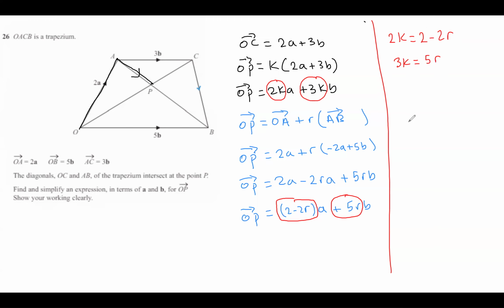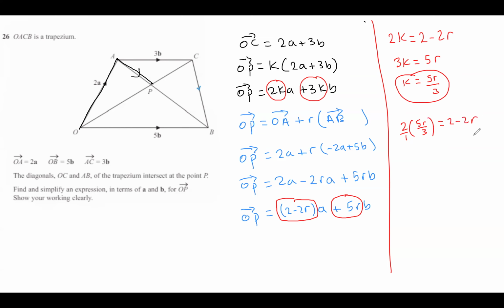And then if we rearrange and solve this, it really doesn't matter what you make the subject, I'll make k the subject. So k is equal to 5r over 3, and then I can sub this into my first equation. So I get 2 lots of 5r over 3. Make sure you write that as 2 over 1, so when you multiply it, you don't make any mistakes.